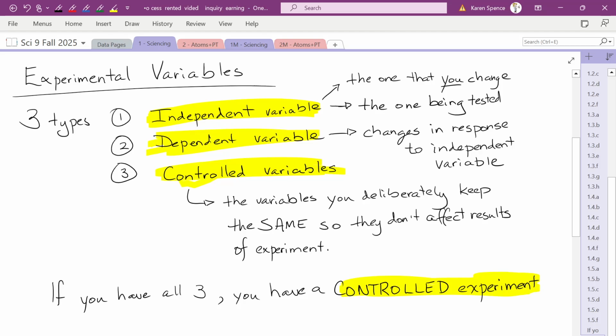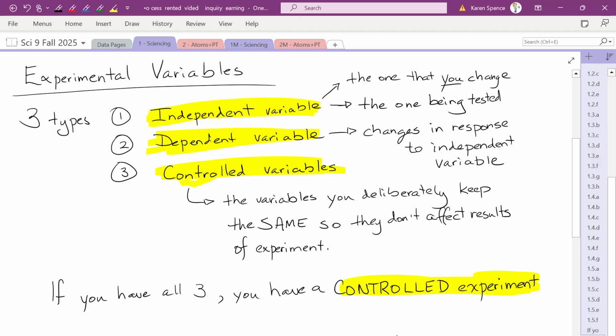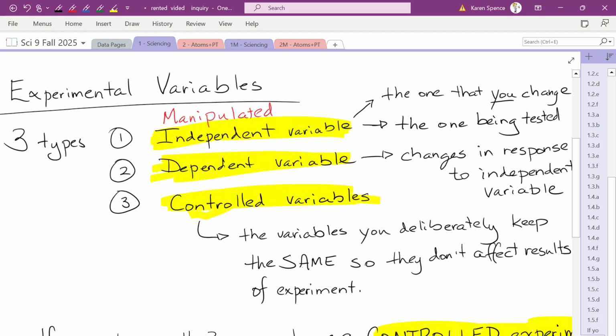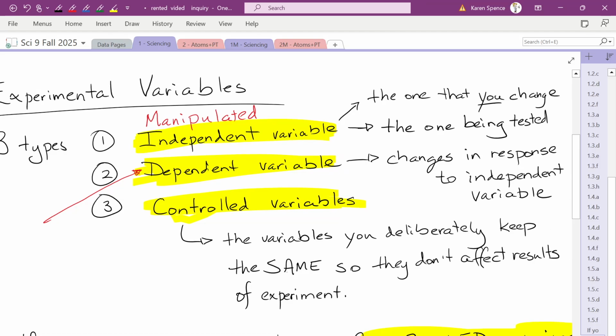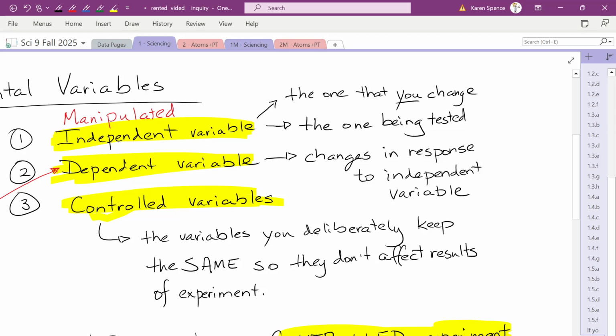And back up here, the independent variable can also be known as the manipulated variable. This kind of makes sense if you think about it, because the independent variable is the one that you change. What's another word for changing something?